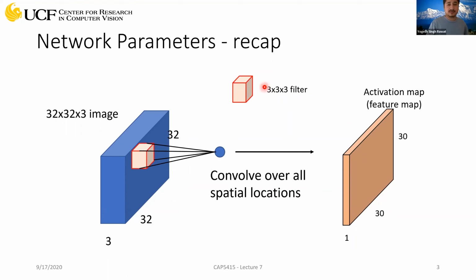So when we say we are training a network, what exactly we are trying to do is learn these values. And we learn these values based on what problem we are solving and what kind of data we have. Depending upon that, these filters will be different.